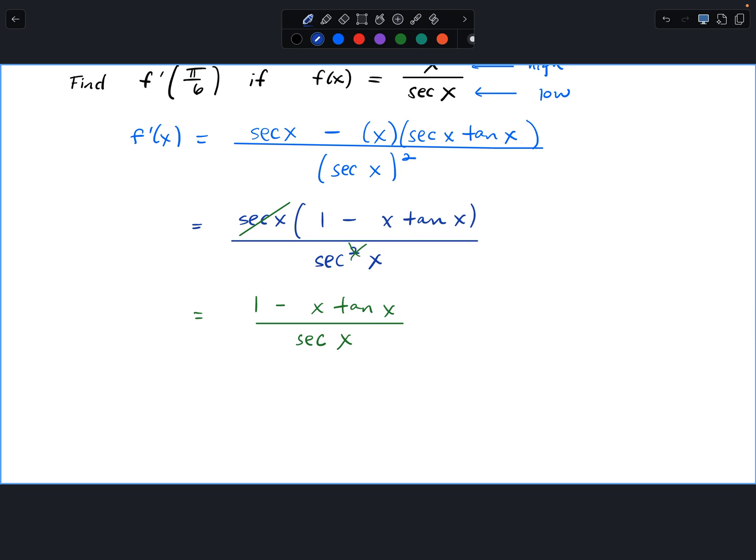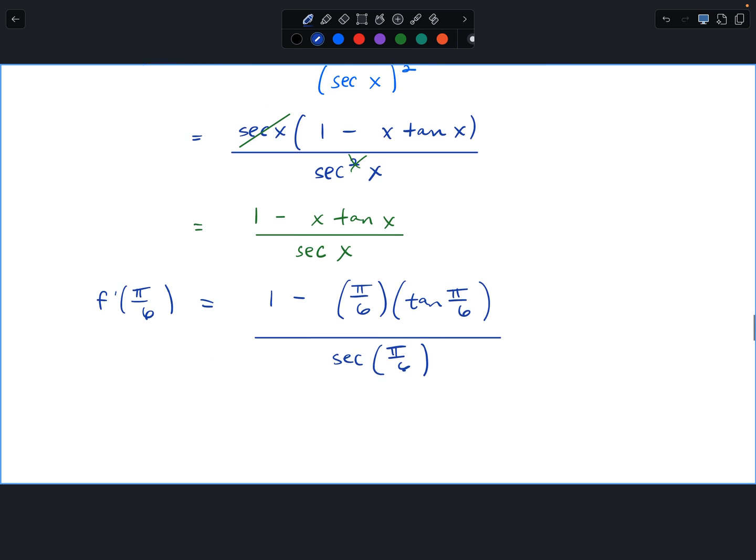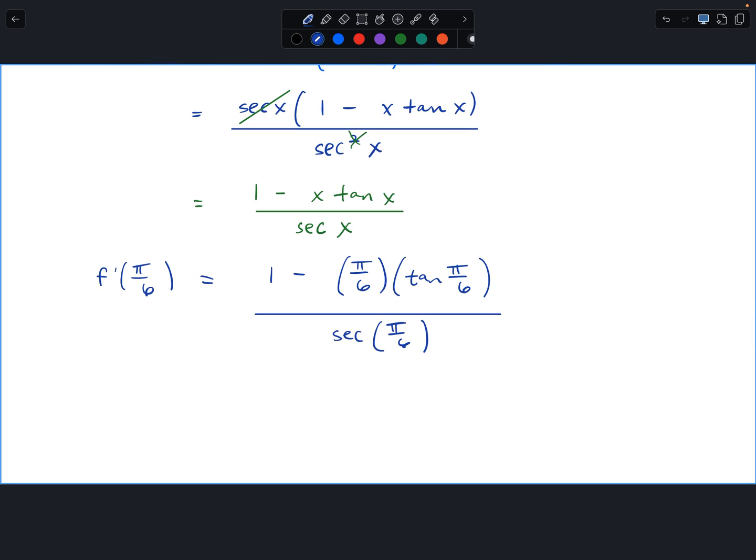So f prime of pi over 6 is going to be 1 minus pi over 6 times the tangent of pi over 6 all over the secant of pi over 6. All right.